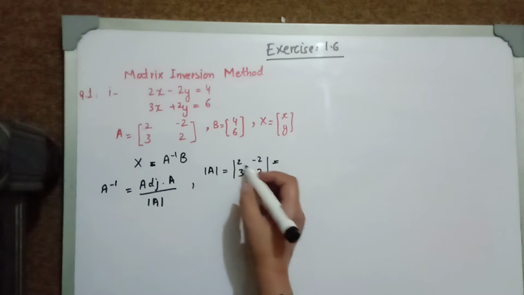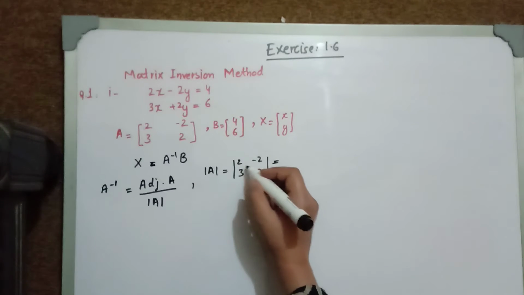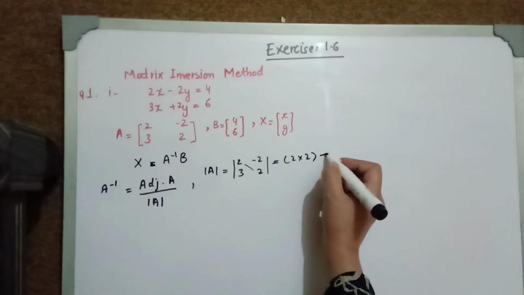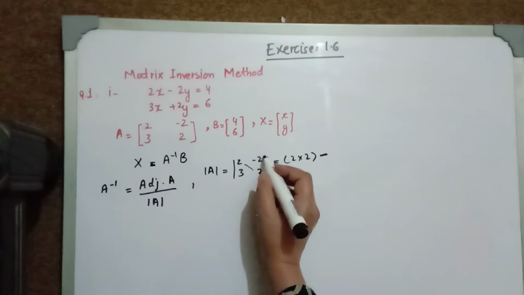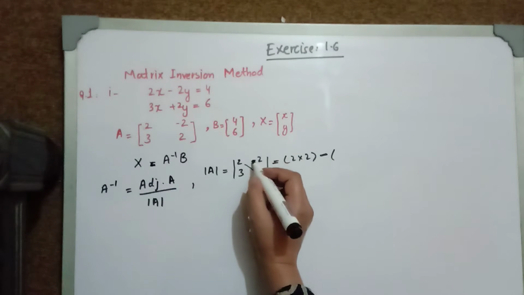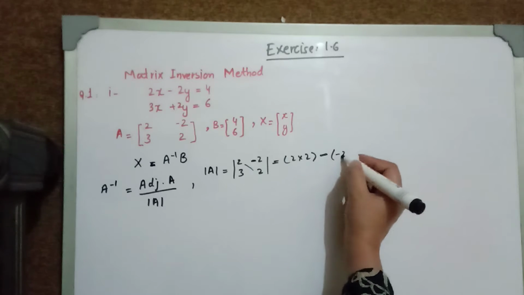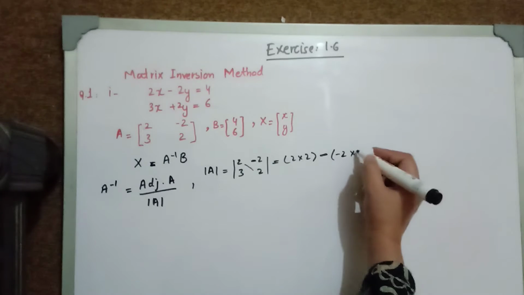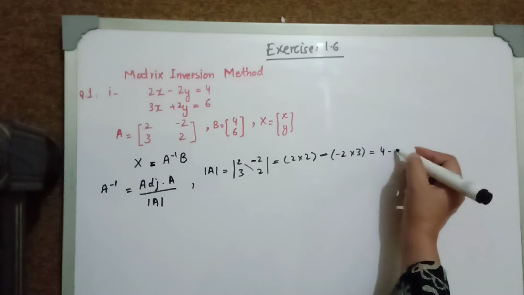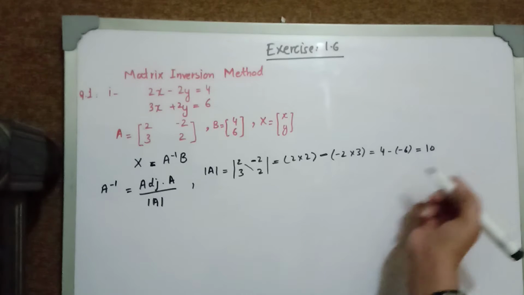And we know that to find the determinant, we multiply the diagonal entries. So 2 will be multiplied by 2, 2 into 2, minus, now we're going to multiply these two. As there is a negative with 2, I'm going to write that as well, minus 2 into 3, and it will be equal to 4 minus 6, and that will be equal to 10.